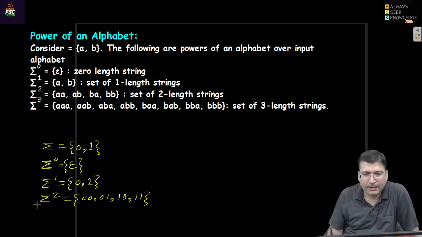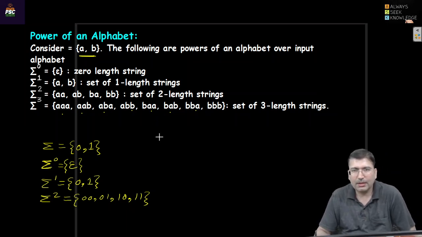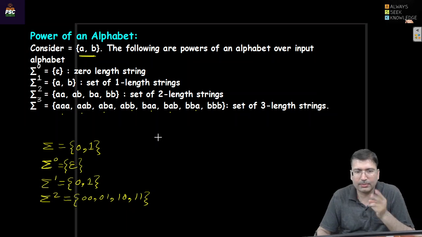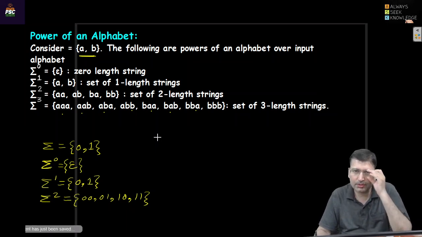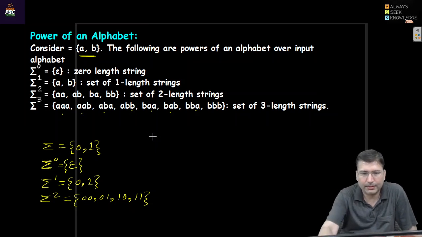So 00, 01, 10, 11 are the two length strings possible, and so on. So if we consider the alphabet A, B with 3 length, then there will be 8 strings: 1, 2, 3, 4, 5, 6, 7, 8, because they are 3 length strings and the alphabet has only 2 symbols. So 2 to the power 3, that means 8. So that is the notion of power of an alphabet.